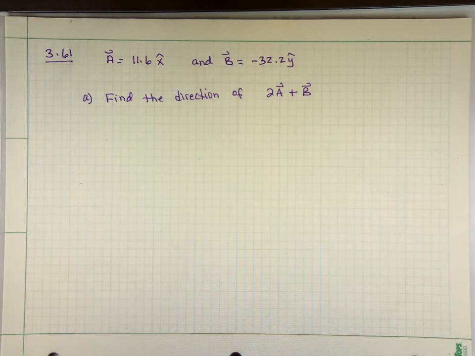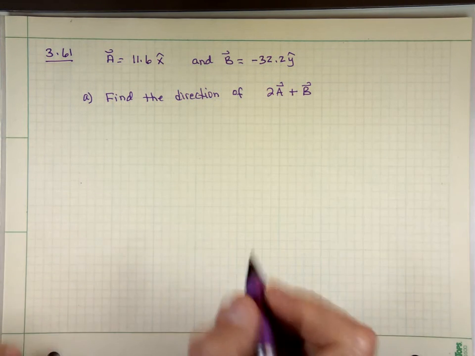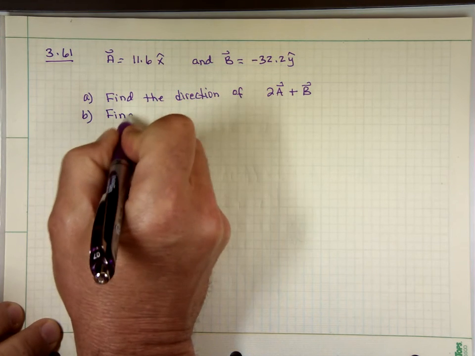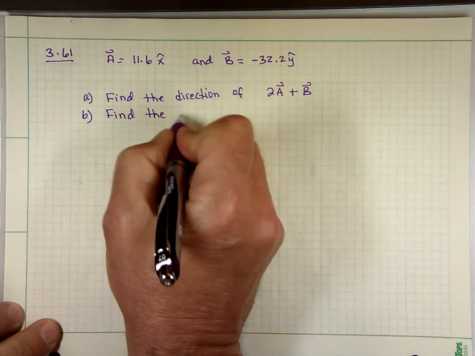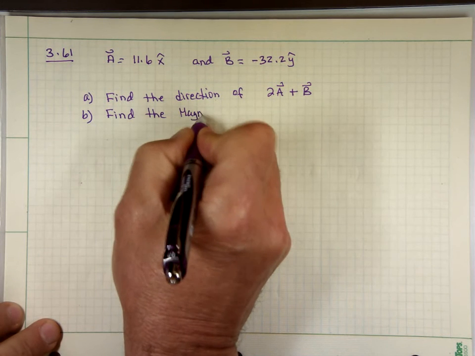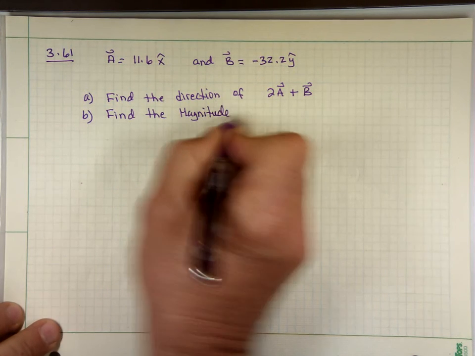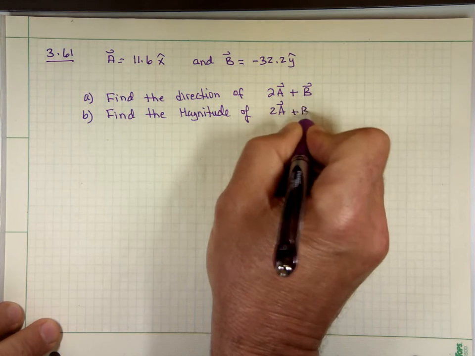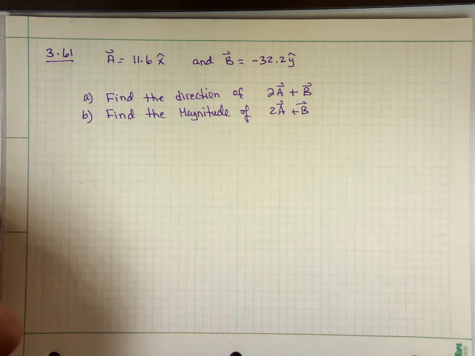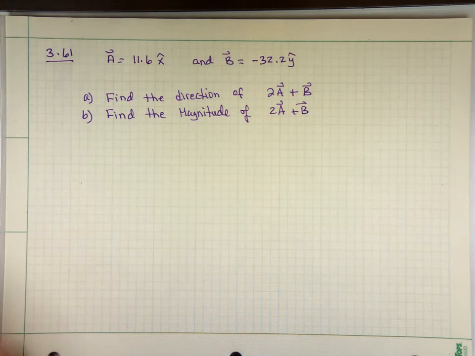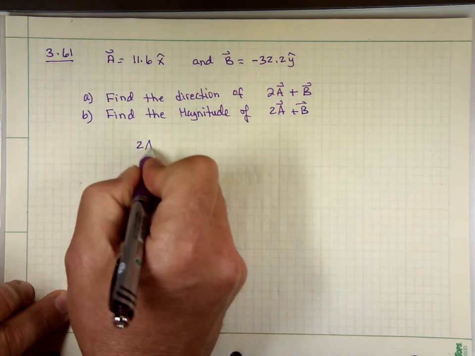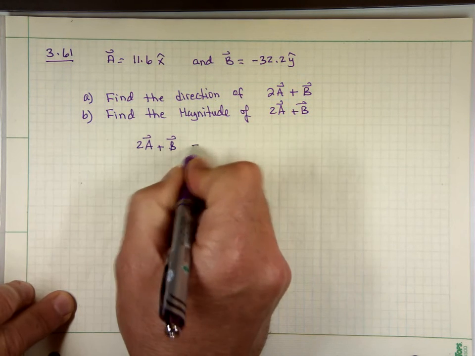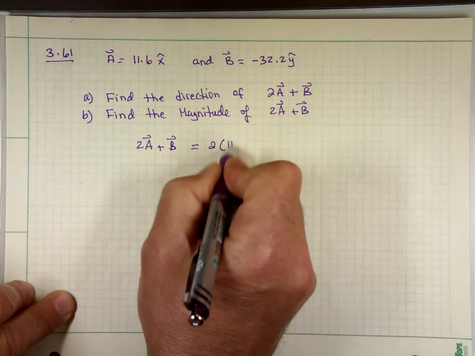So let's find what 2A plus B is. So these are the two questions. So what is 2A plus B? 2 times A. A is what? 11.6 in the x direction.